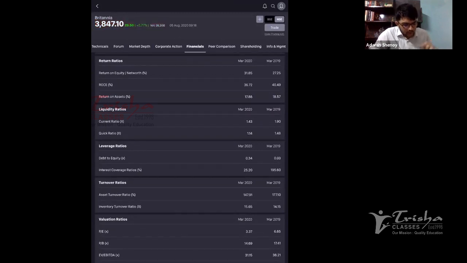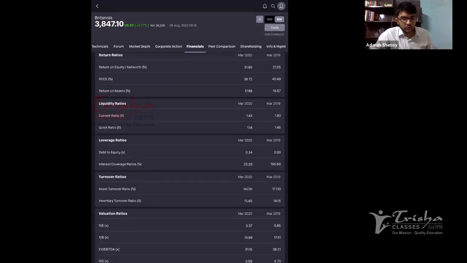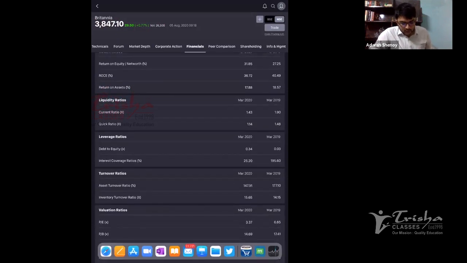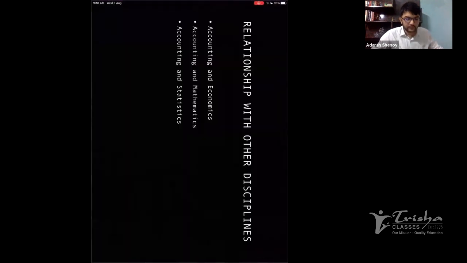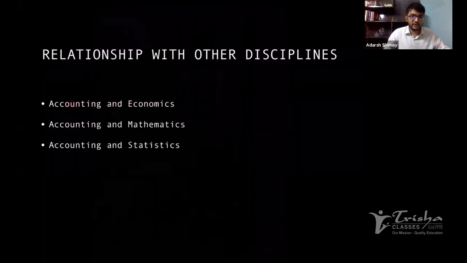So these ratios are again statistical tools. Ratios and proportions are actually from statistics, which we use in accounting for disclosure, for better understanding of accounting data. This is derived from statistics. That's why there is a link between statistics and accounting.